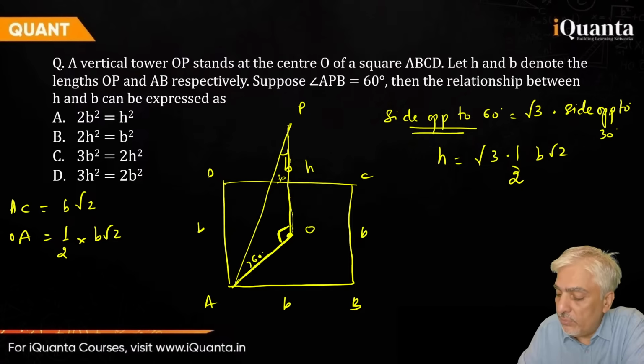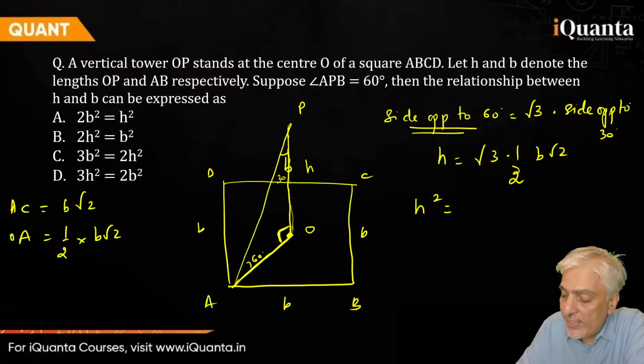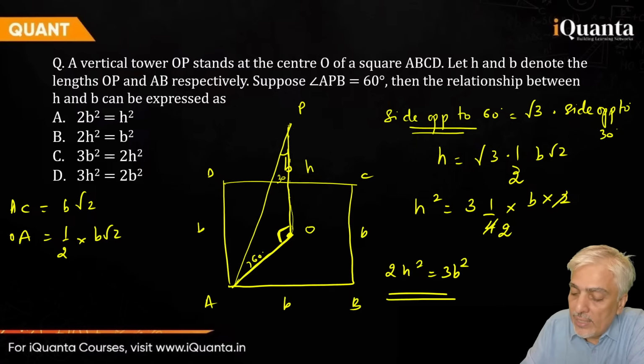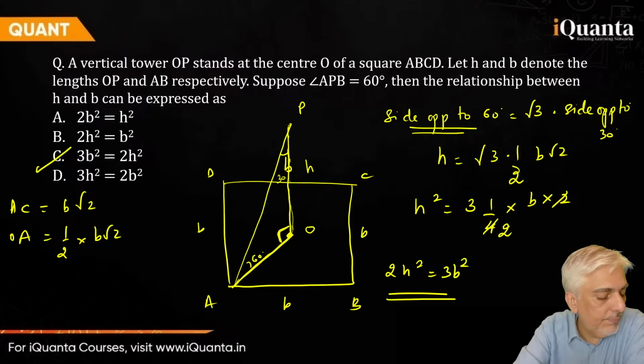Take squares on both sides. So H square is equal to 3 into 1 upon 4 into B square into 2. The 2s are cut. 2H square is equal to 3B square. Answer is the third option.